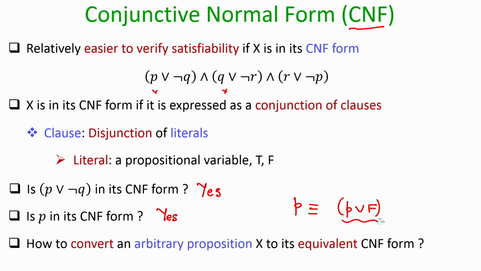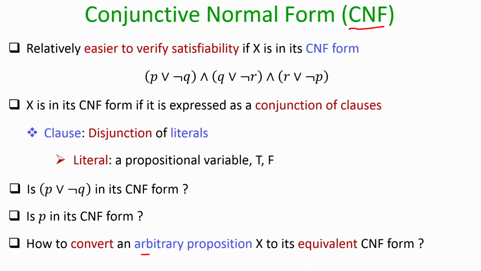Now, the question is, if my expression x is not given in its conjunctive normal form, can I convert it into another expression which is in conjunctive normal form and which is logically equivalent to my original expression x? And the answer is yes.